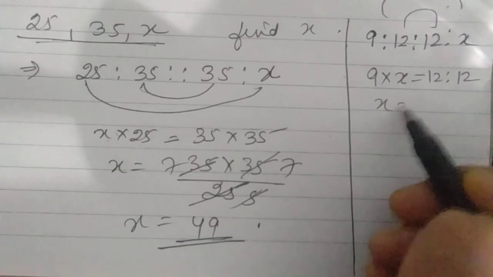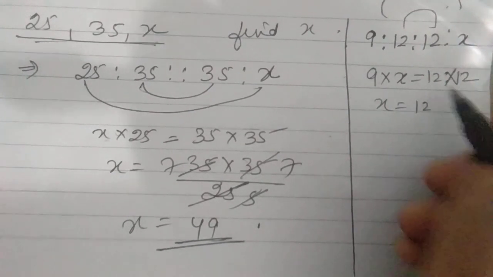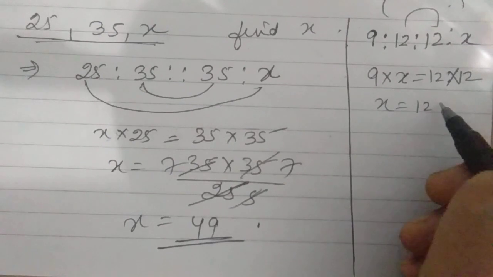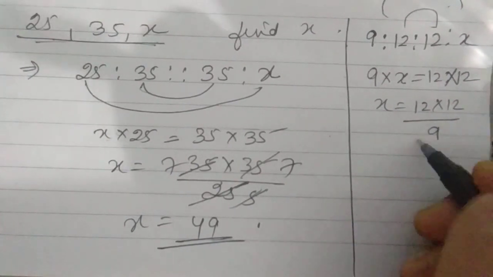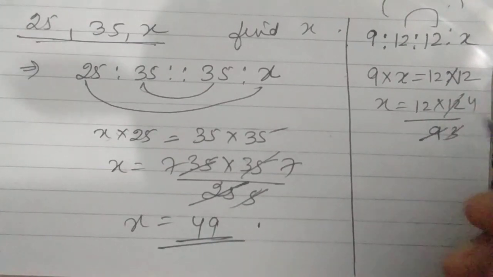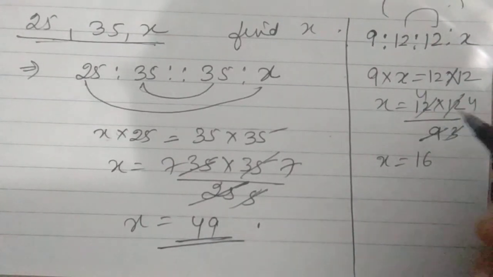So here x is equal to 12 into 12 divided by 9. 3 threes are 9 and here 3 fours are 12. So x is equal to how much, students? 16.